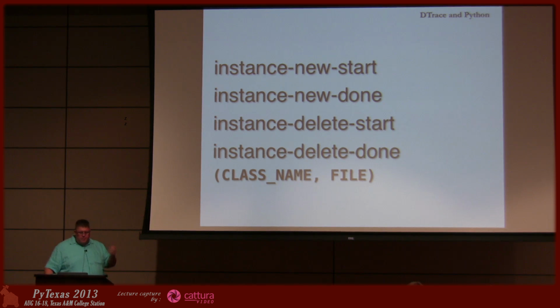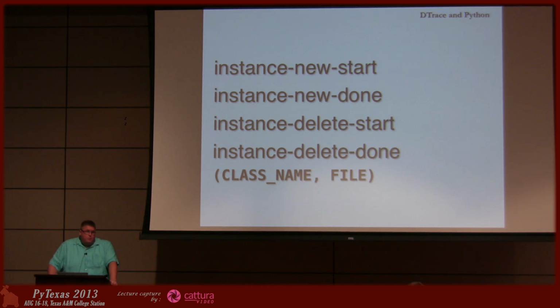And then the bottom 2 are ones where you actually destroy those objects. So those are when you want to get rid of them. You've disposed of them, they're out of scope or whatever. Those are instance delete start and instance delete done. Again, you can time those events. You can see what your code pathway execution is. You can see what lower level things, like maybe you need to clean up database connections when you destroy an object.